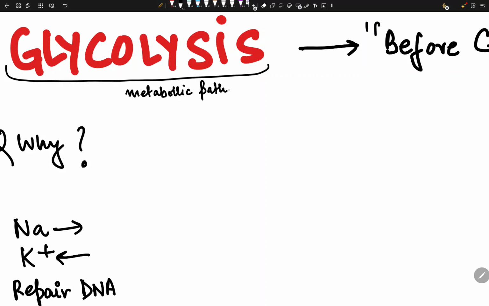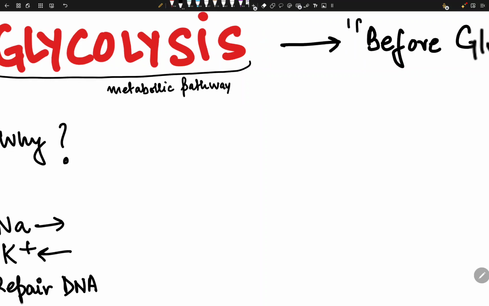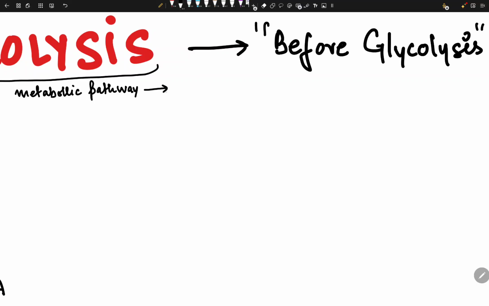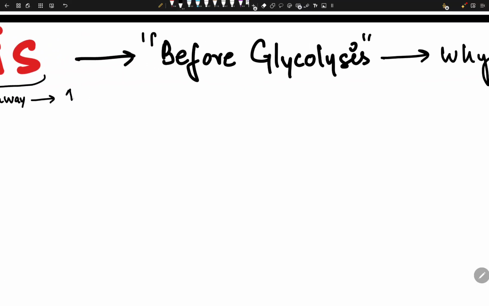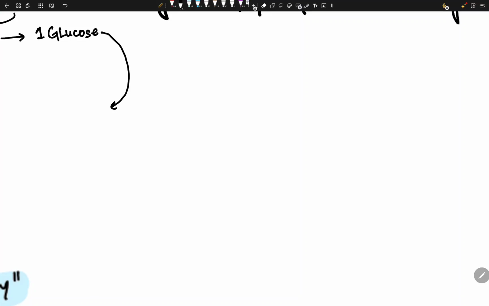It's a metabolic pathway that converts what? One glucose molecule into 2 pyruvate molecules, not atoms, molecules, okay?